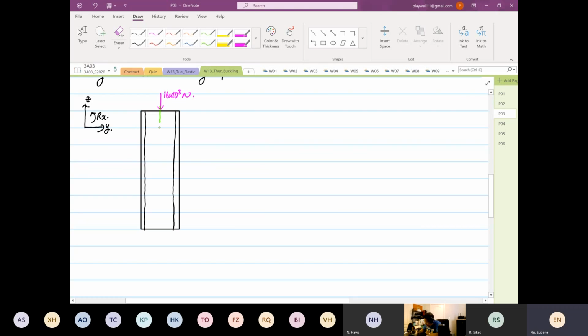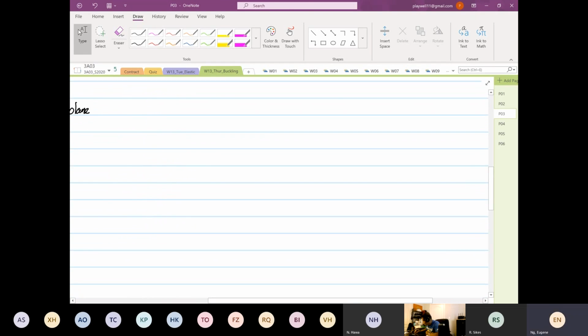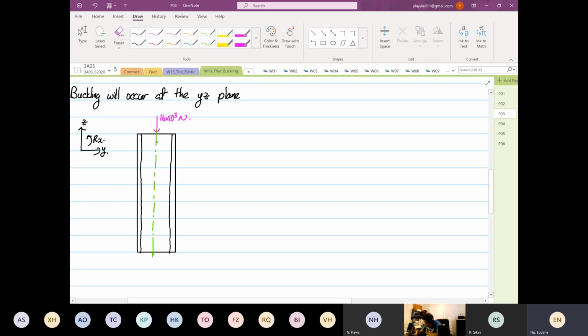It will deform in this axis. That is our neutral axis, and the structure will deform this way. So this is how the structure will be deformed.